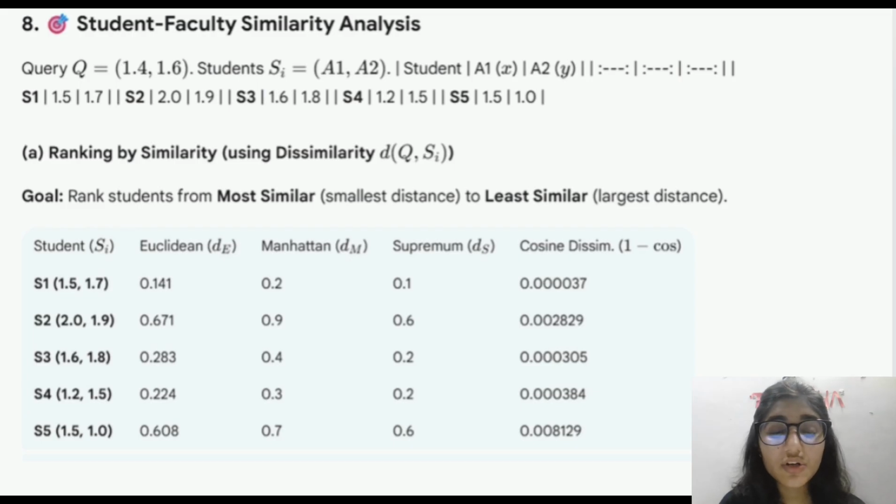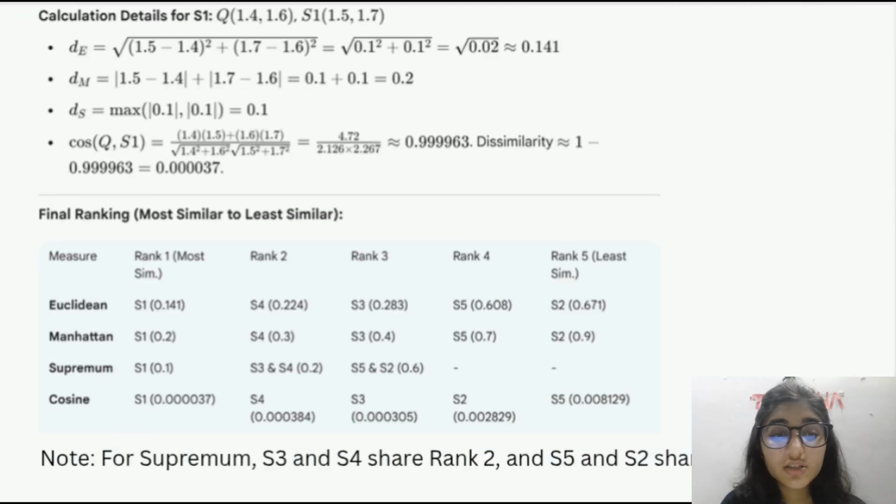Now we will see the calculation details for S1. We know the formula and we apply it, and we get a value like 0.00037. Now the final ranking, from most similar to least similar, measuring Euclidean, Manhattan, supremum, cosine.